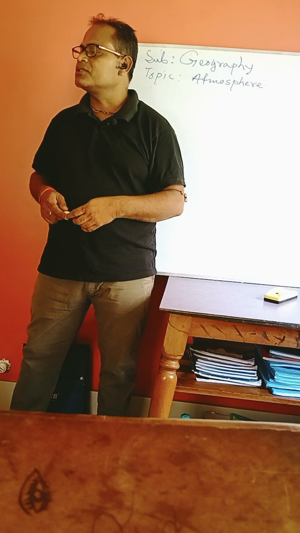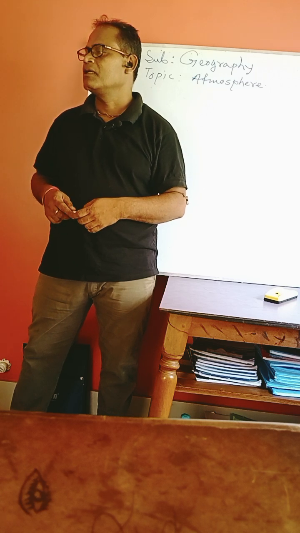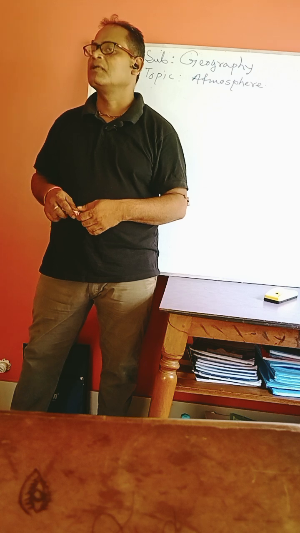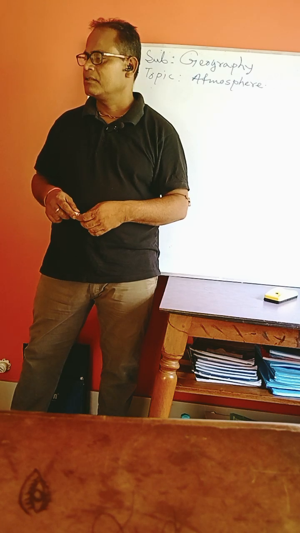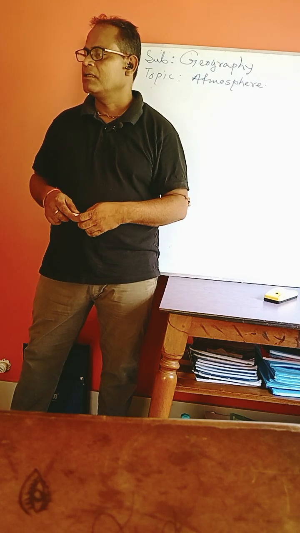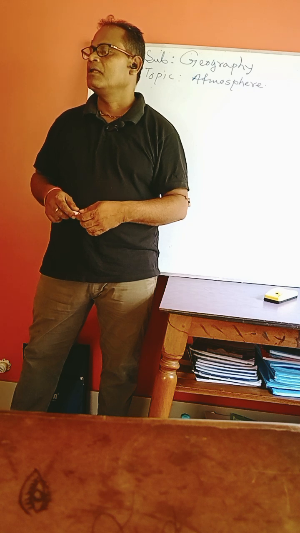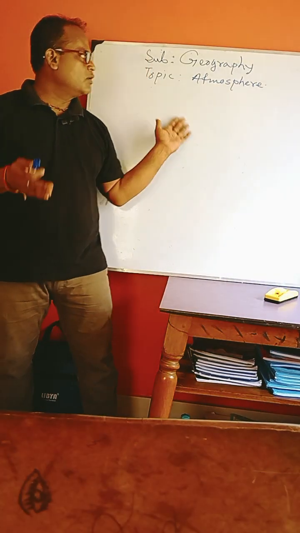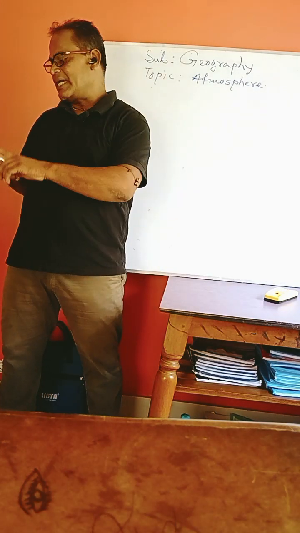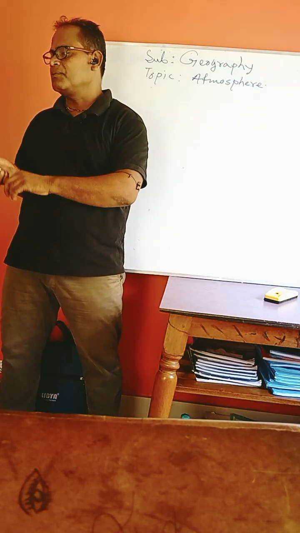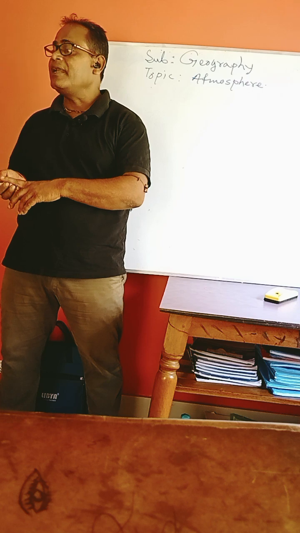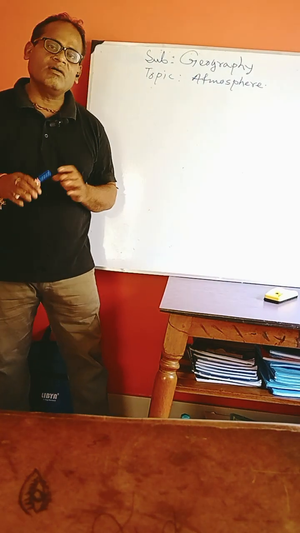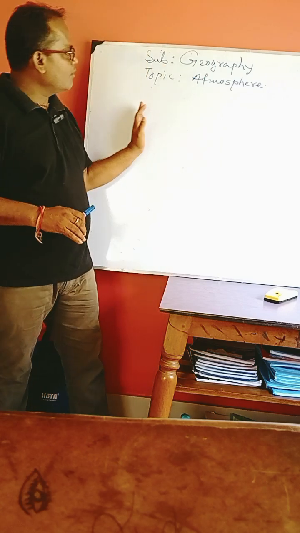What are the different layers of atmosphere? The different layers of atmosphere are stratosphere, troposphere, thermosphere, exosphere, and mesosphere. Right? So all the five spheres are already mentioned.